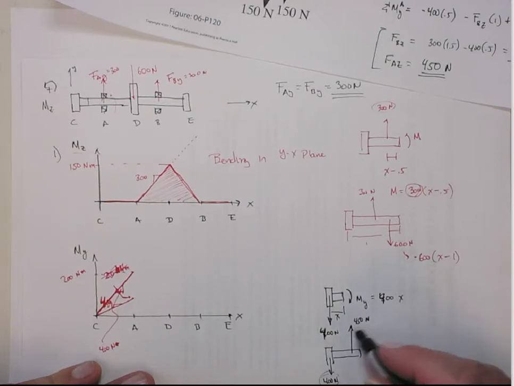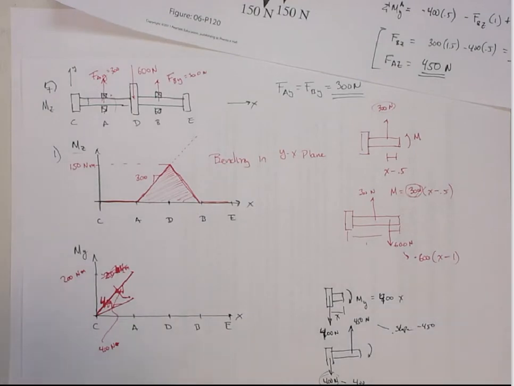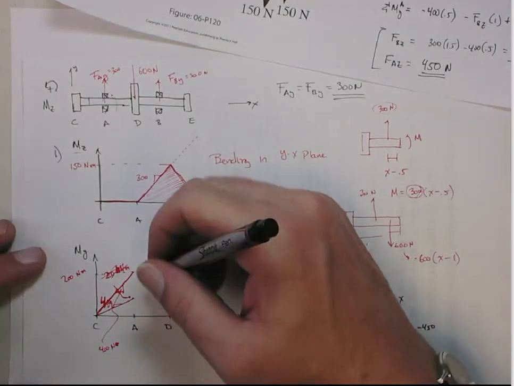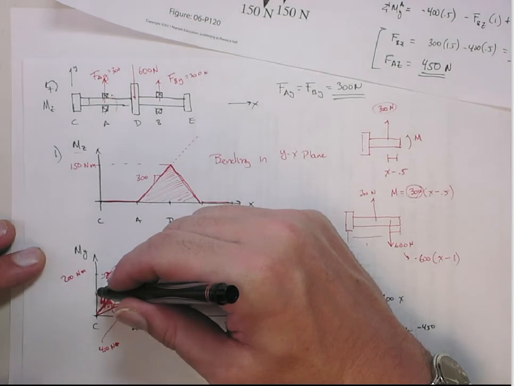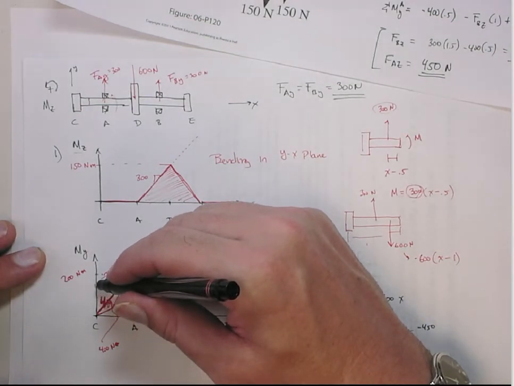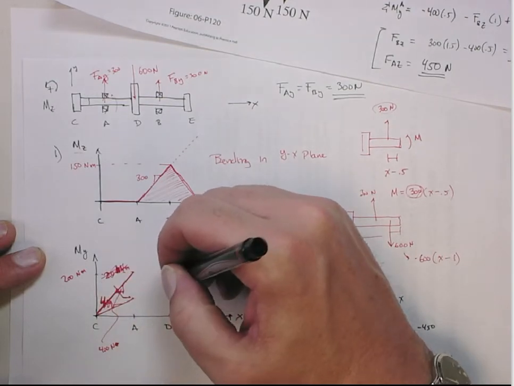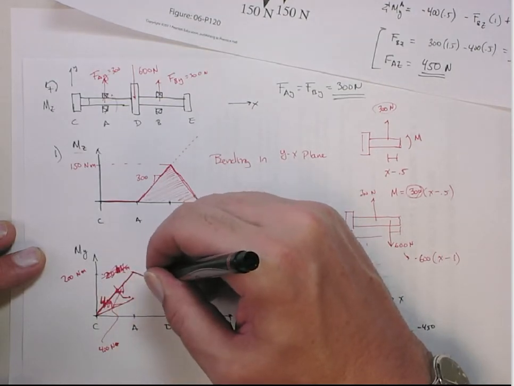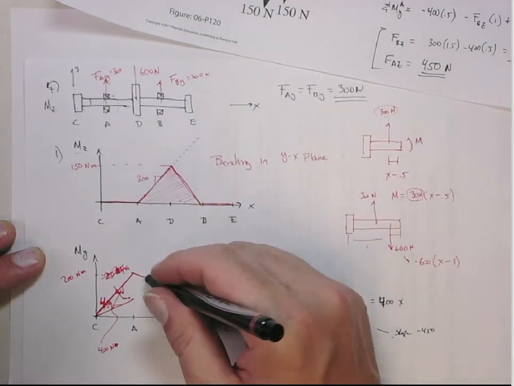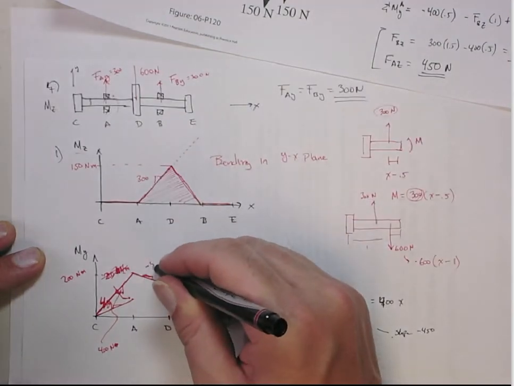This one is going to give me a moment with a slope of minus 450. So the net slope is going to be minus 50. From here down, it's going to drop with a slope of minus 50.